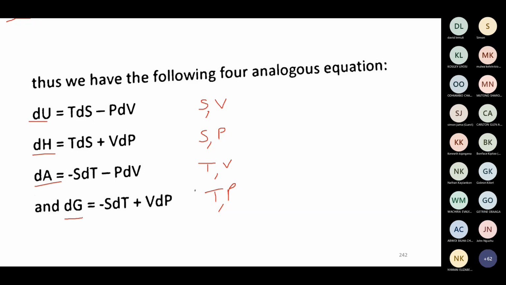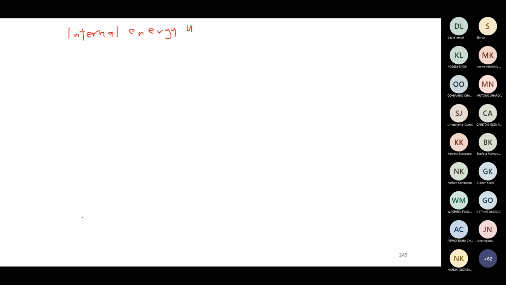You are supposed to come up with the Maxwell relations for these four expressions. Here we are starting with the internal energy, U, and we have said that U is a function of two variables, S and V.